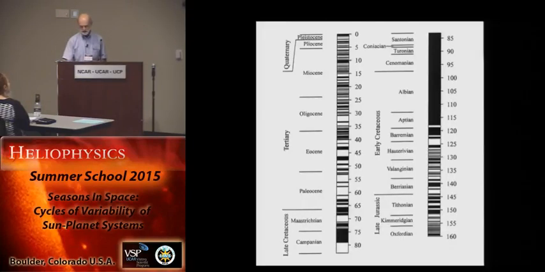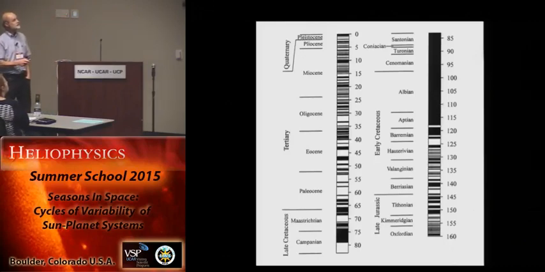So let me see here. So here, this is something also that Fran showed, just a record of reversals starting from today, going back in time. These are millions of years, continuing here back 160 million years. This is roughly the time it took for the Americas to separate from Europe and for the Atlantic Ocean to open.